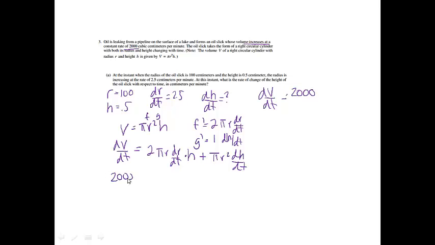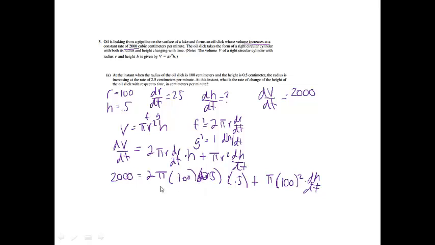So now we have 2,000 equals 2 pi, the radius is 100, dr/dt is 2.5, times the height is 0.5, and then plus pi, the radius again is 100 squared times dh/dt. And please remember, we're going to be solving for dh/dt.